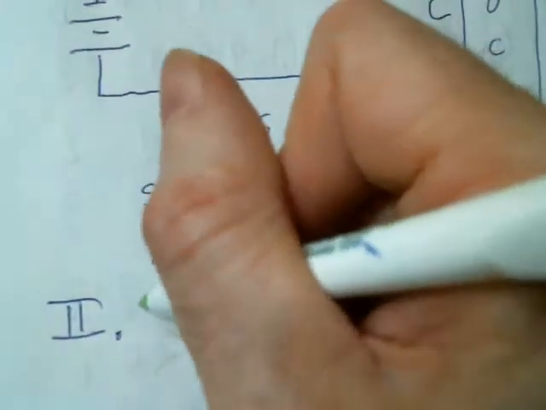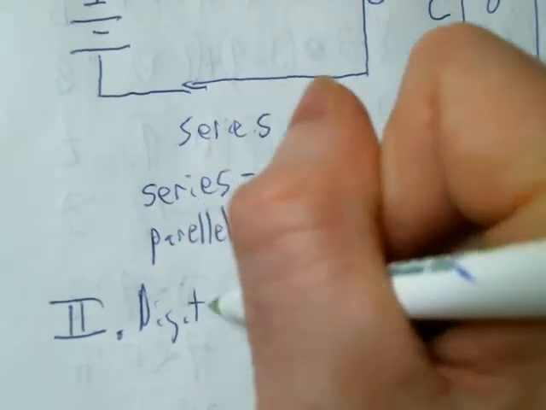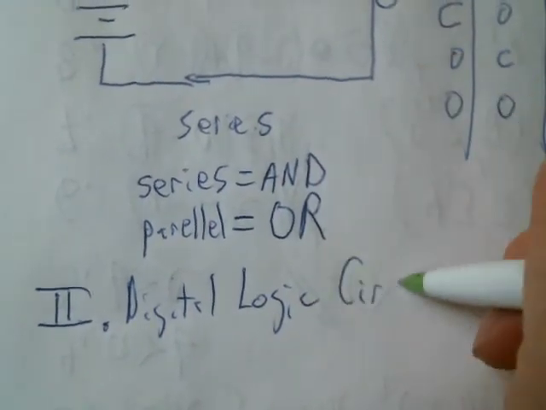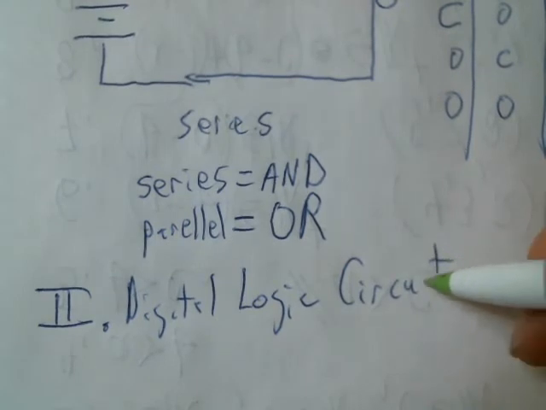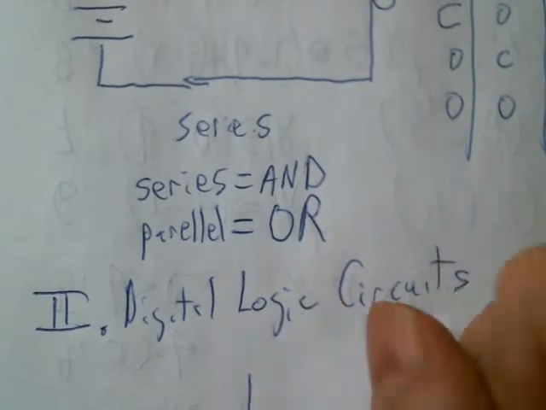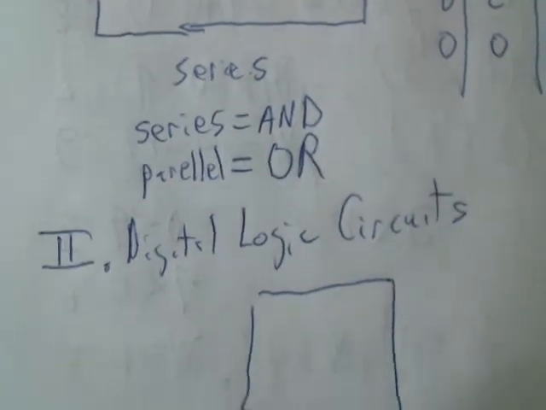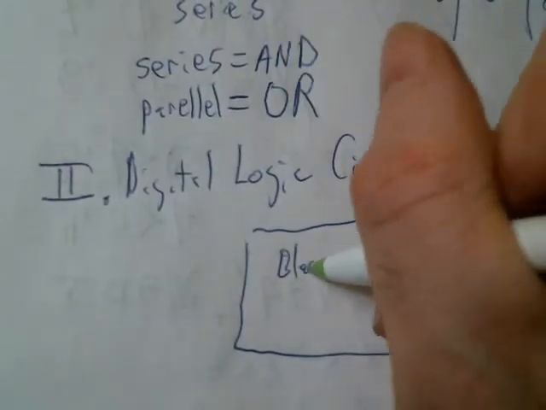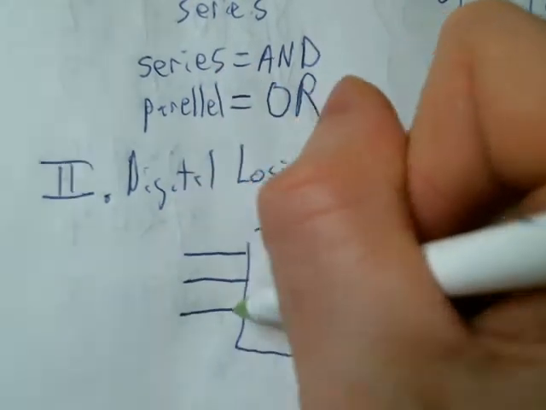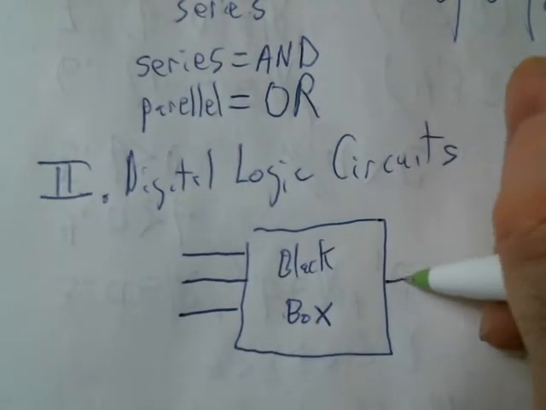Okay, so digital logic circuits. You're going to have some sort of black box. And then you'll have some inputs into that black box, and then you'll have some sort of output.